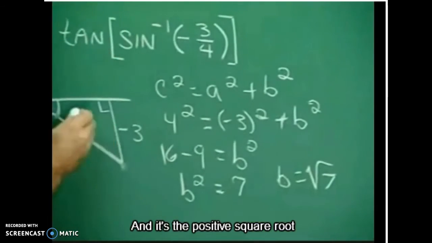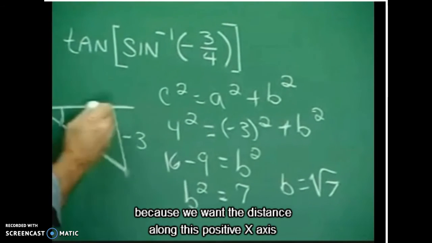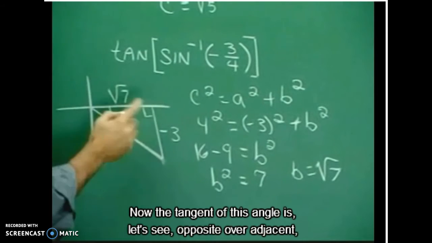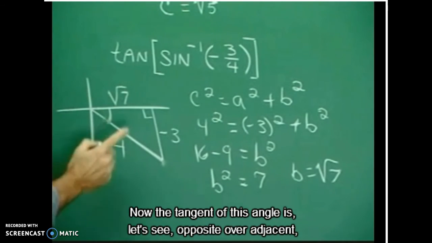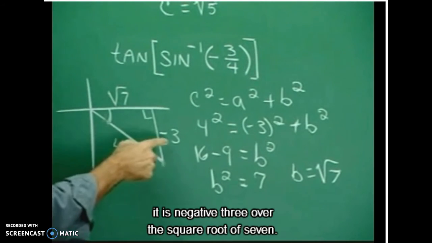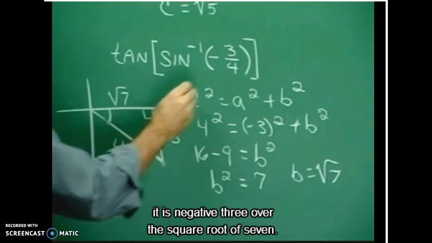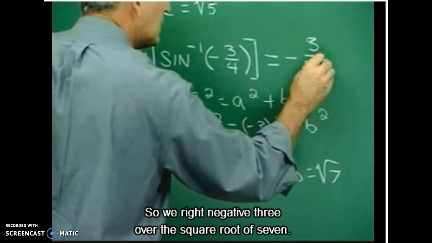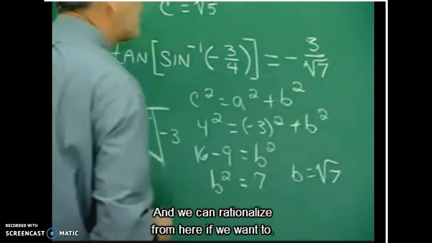And it's the positive square root because we want the distance along this positive x-axis, and so this is the square root of 7. Now, the tangent of this angle is, let's see, opposite over adjacent. It is negative 3 over the square root of 7. So we write negative 3 over the square root of 7, and we could rationalize from here if we want to.